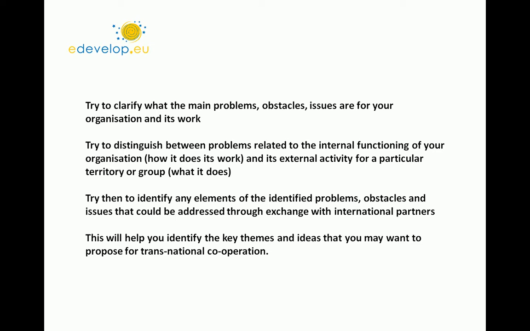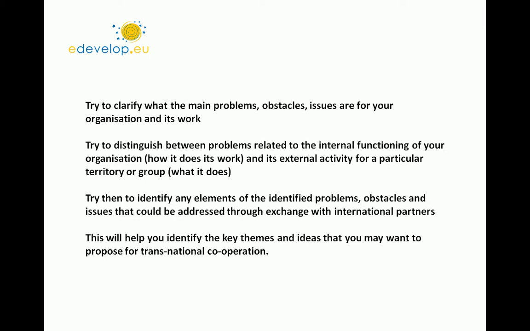Now, what you need to do then is to try to identify among these problems, obstacles or issues any elements in them that could be addressed through an exchange with international partners.